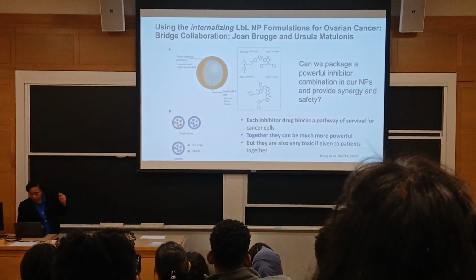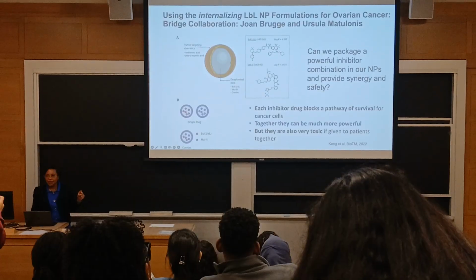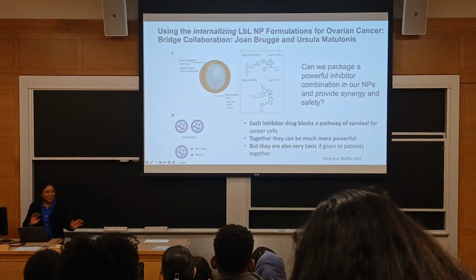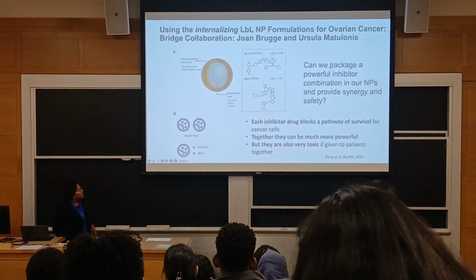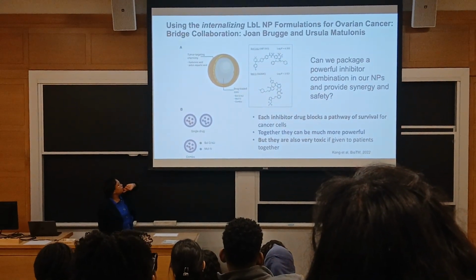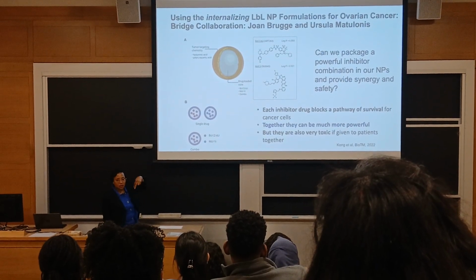And in this work, she had these two small molecule drugs. I know some of you are thinking about pharmaceutical chemistry, so this is all cool looking at these structures. But these are two inhibitors. They each are a little bit toxic, but not too bad, and they can be delivered orally.